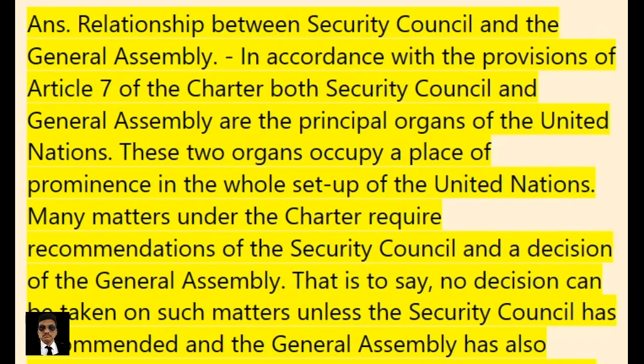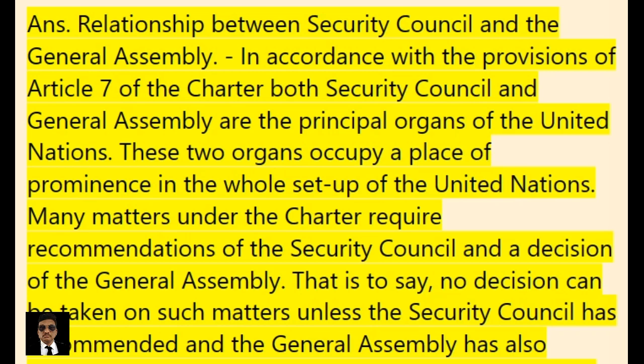In accordance with the provisions of Article 7 of the Charter, both Security Council and General Assembly are the principal organs of the United Nations. These two organs occupy a place of prominence in the whole setup of the United Nations.